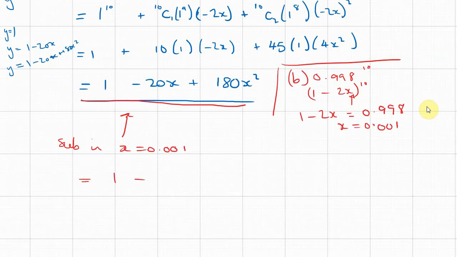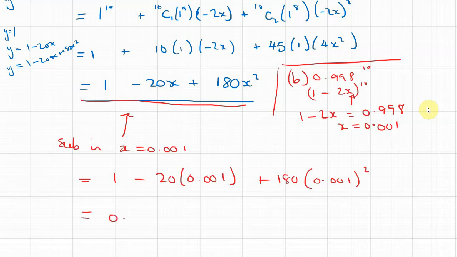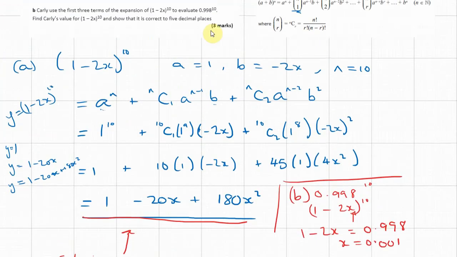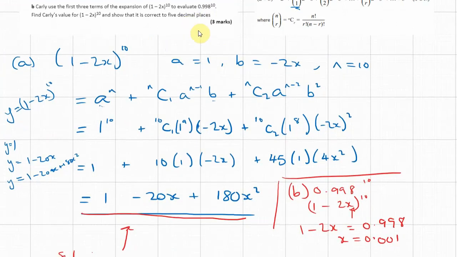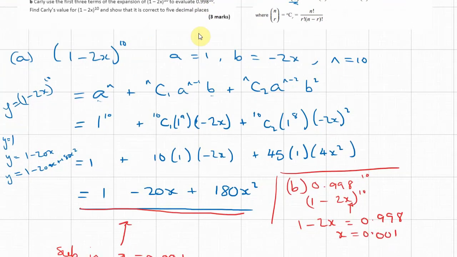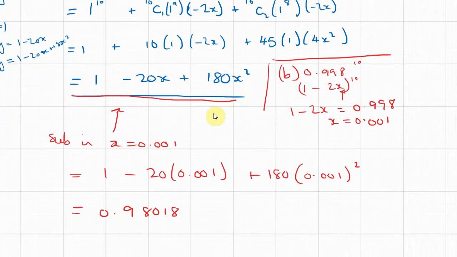So 1 subtract 20 lots of 0.001 plus 180 times 0.001 all squared. And when we do that, we're going to get 0.98018. Show that it's correct to 5 decimal places.